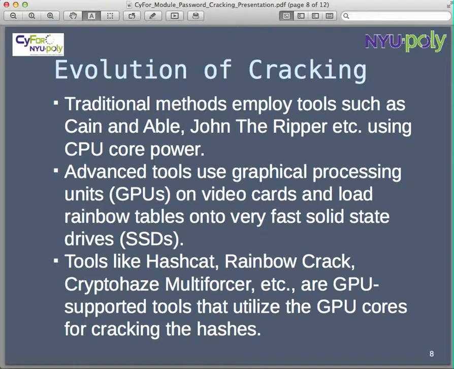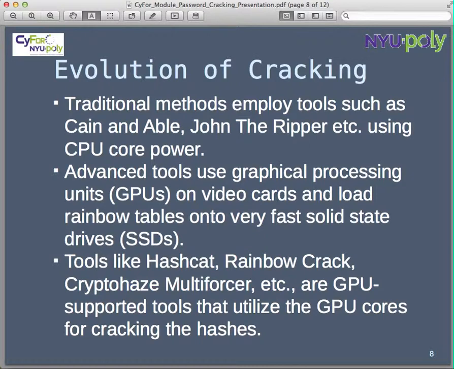How has password cracking evolved? Well, traditionally speaking, there have been a number of tools which are very popular. These are Cain and Abel, John the Ripper, etc. So these use the CPU power and essentially launch different types of attacks that we just discussed based on configuration and try to crack the passwords.